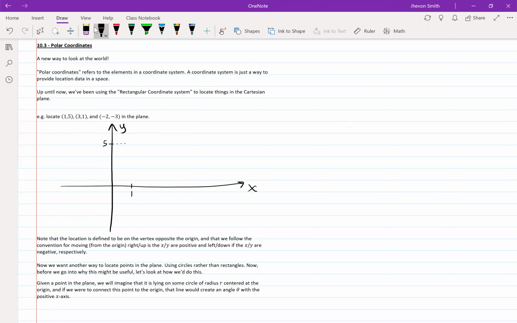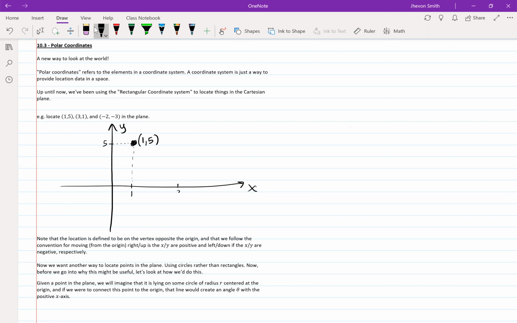And moving a line from the y value parallel to the x-axis and from the x value parallel to the y-axis, where these 2 lines meet, notice that we form a rectangle here, where the origin is the corner of one of those rectangles, and the point opposite the origin is the location of the point. So that is the location of (1, 5).